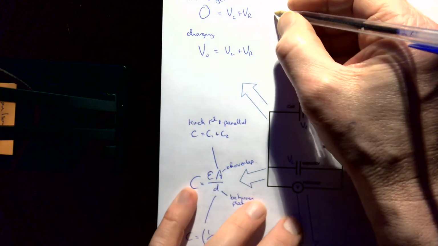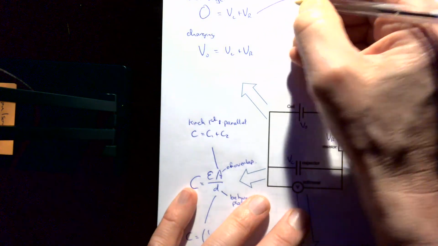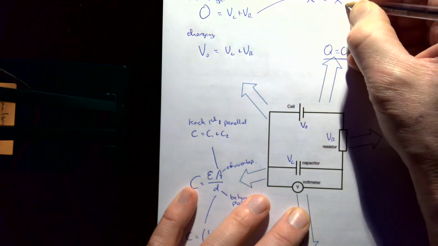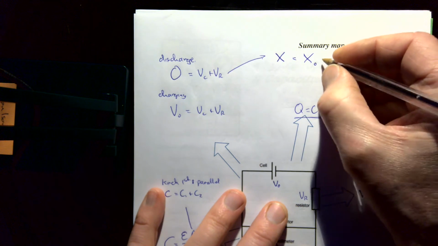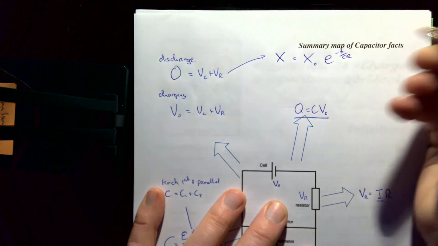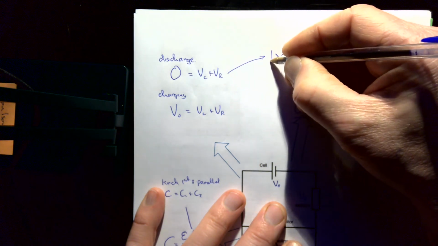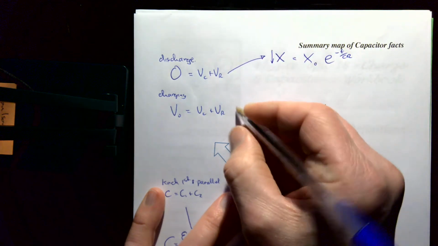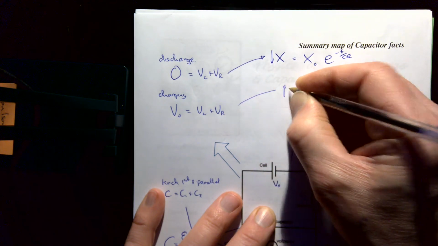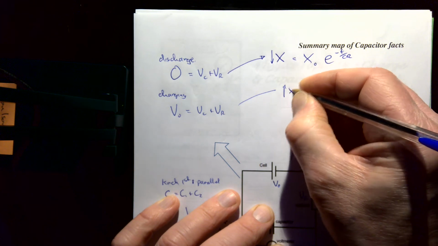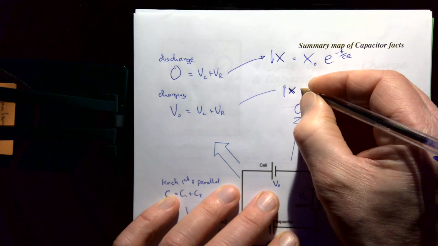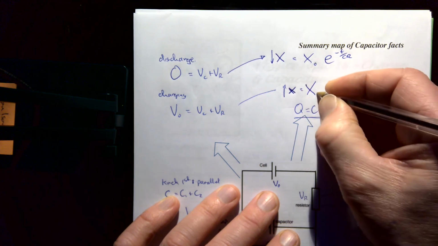What that gives us leads into that generic equation of X. Maximum value X0, times e to the minus t over CR, and that's going down, whereas for X increasing, sometimes you may see little letters in some equations, and we use the capital with a subscript for the maximum one, but again it doesn't matter too much.